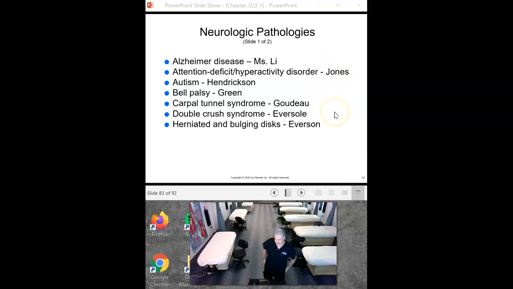Alzheimer's is very common, with more than 3 million US cases per year. People may experience cognitive, behavioral, mood, and psychological changes.